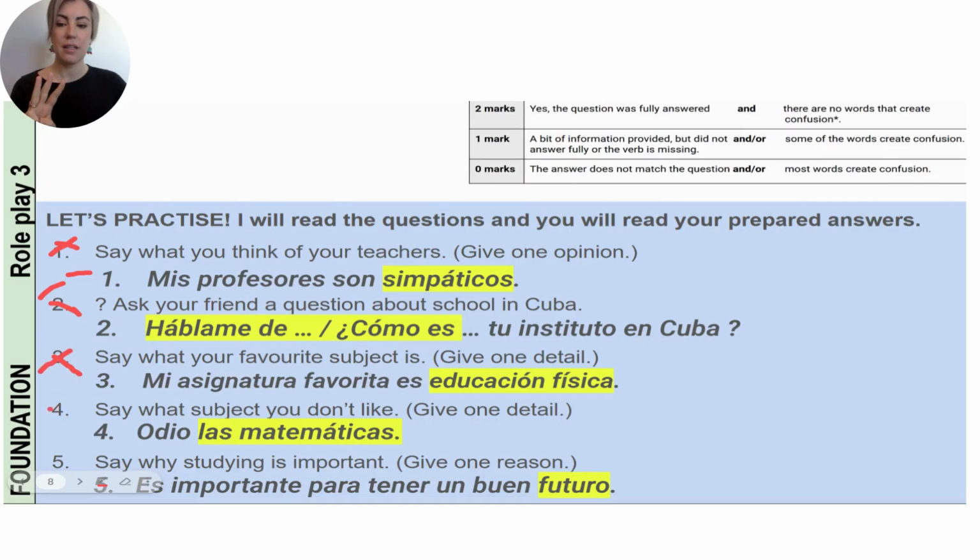Qué interesante. ¿Y qué asignatura no te gusta? Ah, qué pena. ¿Y por qué es importante estudiar? Estoy de acuerdo. Muy bien, so that would be it, okay?